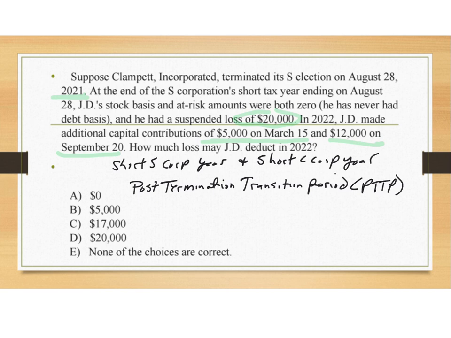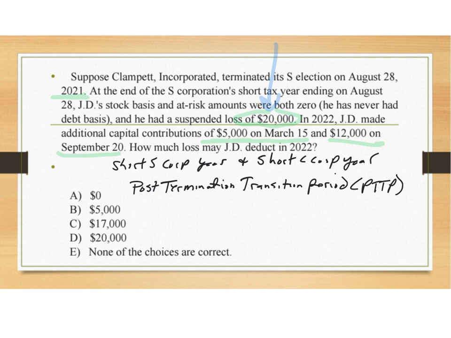So shareholders can treat suspended losses that exist at the S corporation's termination date, to the extent that they have contributed capital in this post-termination period.